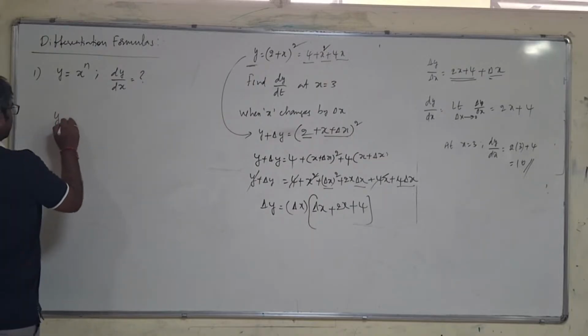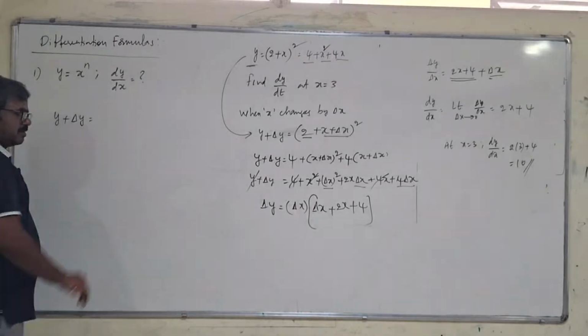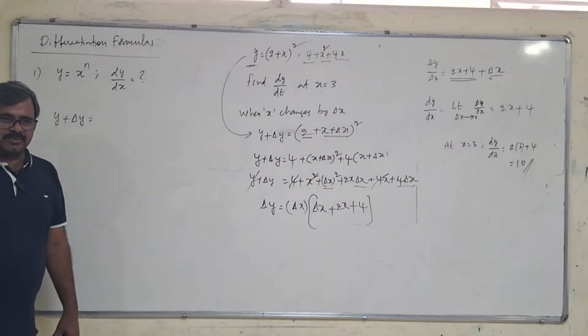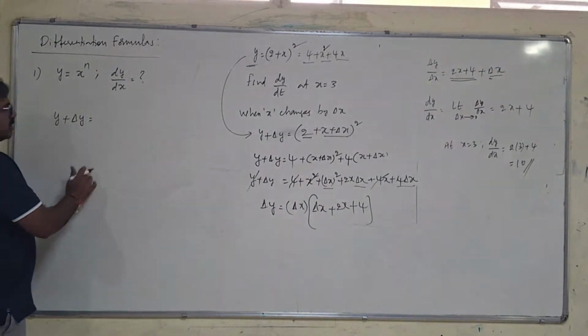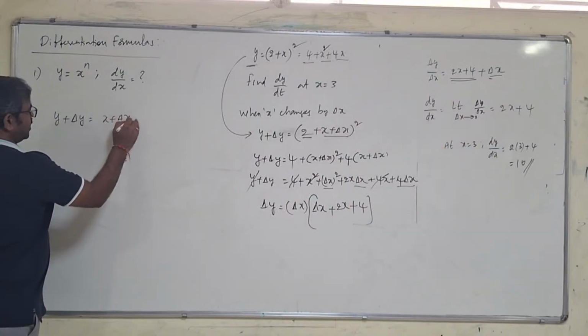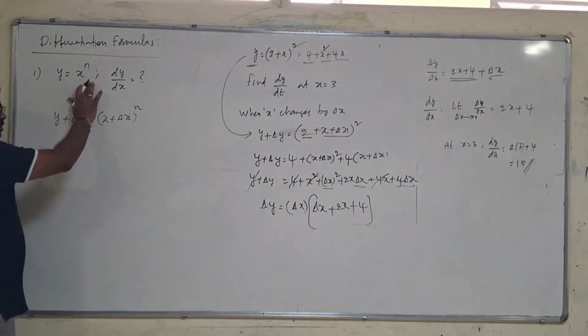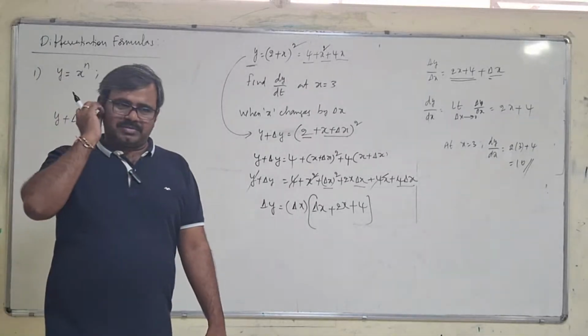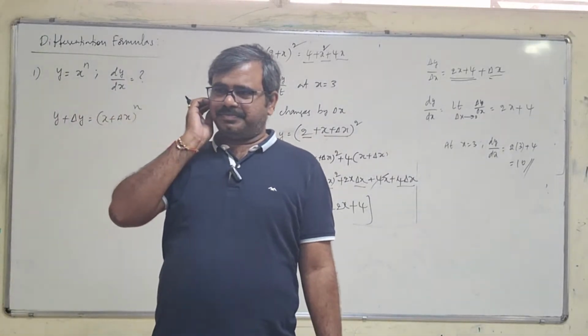If y is equal to x power n, tell me what is y plus delta y equal to? y plus delta y is equal to x plus delta x whole power n. y1 is equal to x1 power n, y2 is equal to x2 power n. Are you following this?